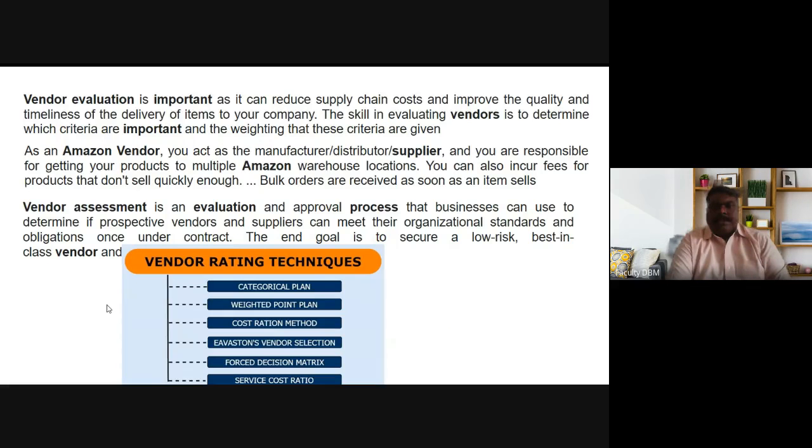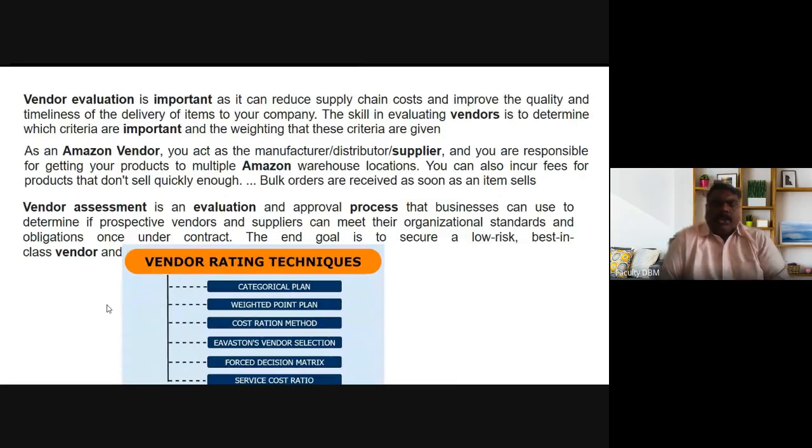So yesterday we have seen vendor evaluation. It is the same as rating, but we are not going to rate over there, we are just going to evaluate them. Here it is important because it reduces the supply chain cost and improves the quality and timeliness of delivery of items.